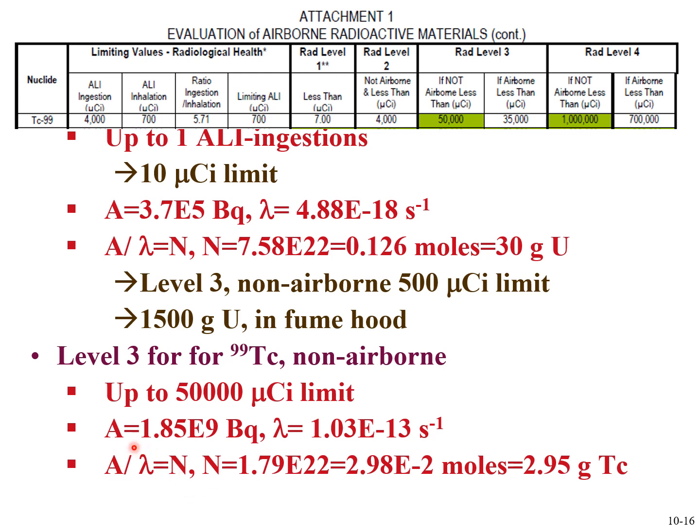We convert that to becquerel. We use the decay constant for technetium-99. We get 1.8 times 10 to the 22 atoms, so many moles, and it actually works out to be about 3 grams of technetium. So we can work with up to 3 grams of technetium in a non-airborne condition in our hoods.